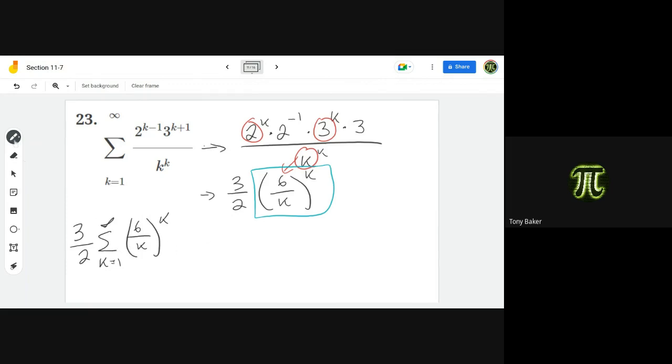So if I do the kth root of this, I'm looking at the limit as k goes to infinity of 6/k. And that goes to what? That goes to 0.